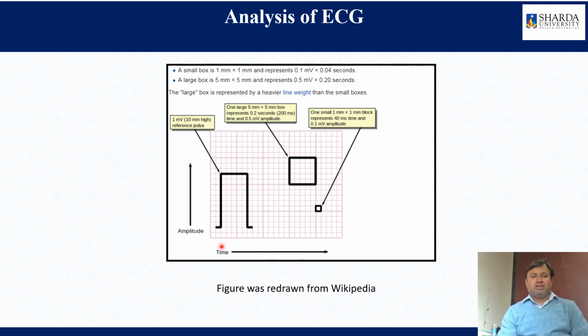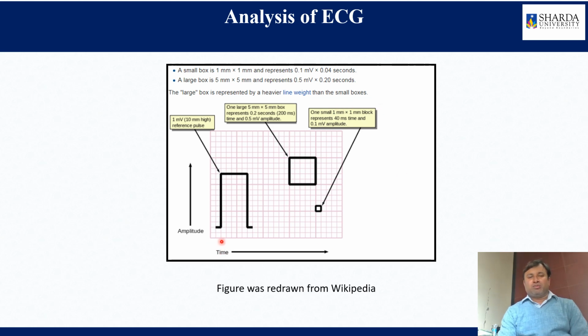So the time of 1 square is 0.04 second and the amplitude of 1 square is 0.1 millivolt. If we consider 5 millimeter by 5 millimeter, it represents 0.5 millivolt by 0.2 seconds. A large box is represented by a heavier line weight than the small box.